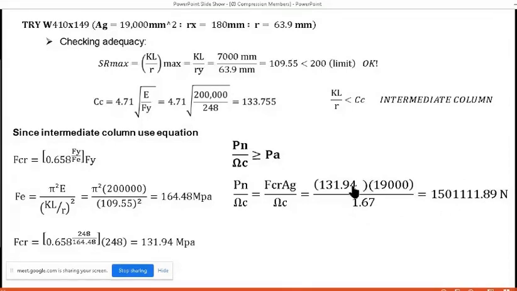Kasi this is in MPa, this is in mm squared. So ang lalabas dito is in Newton. Okay. So that is equal to 1,501.11 kilonewton.